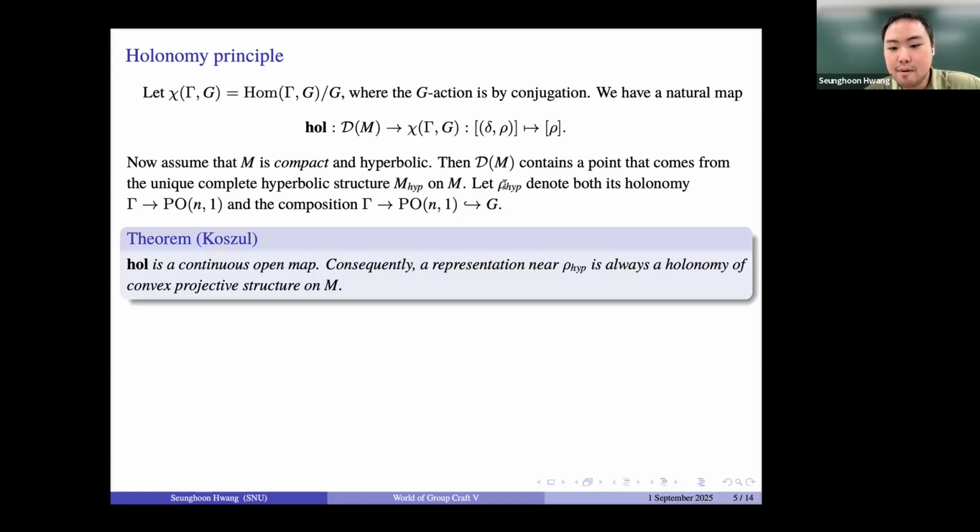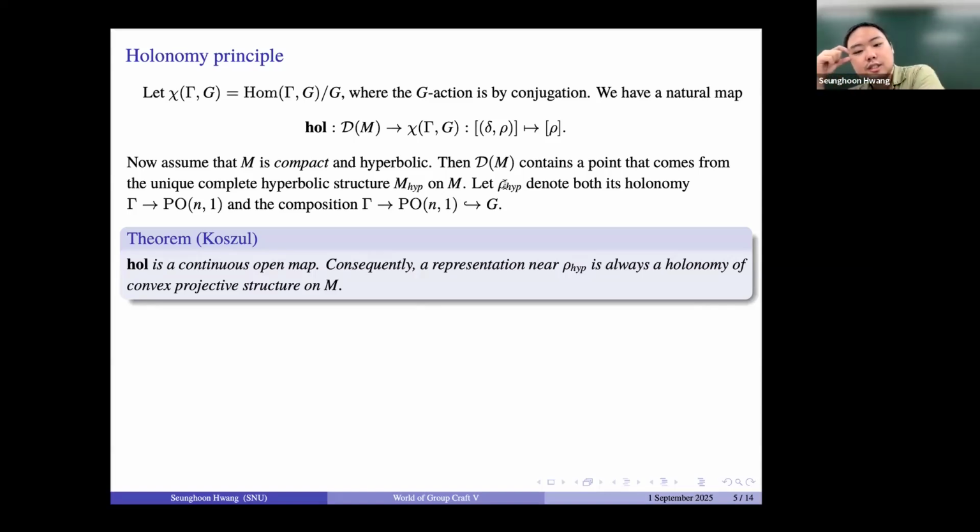Because it's an open map, if you want to construct some convex projective structures on a hyperbolic manifold, what you can do is not work with structures, which are geometric data.